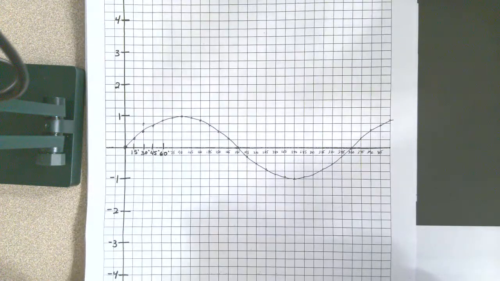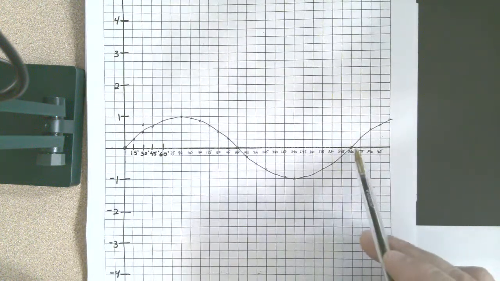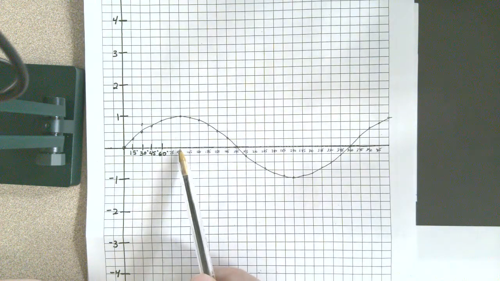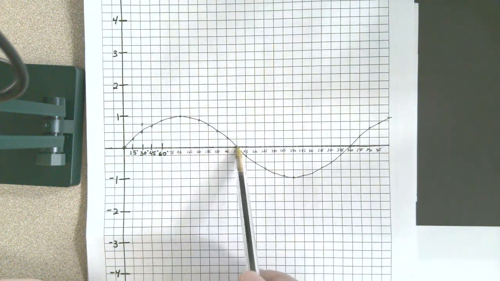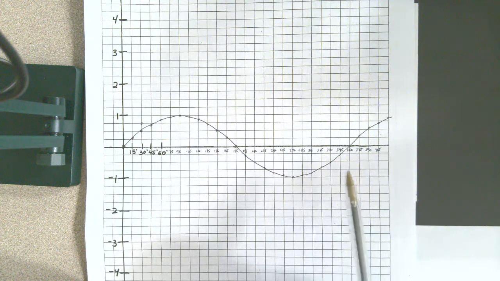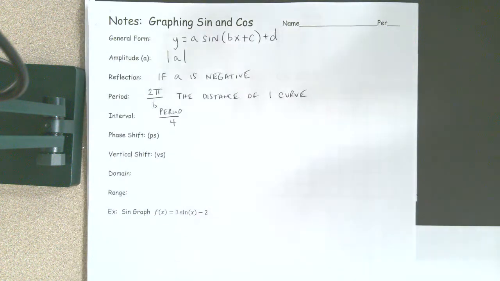Again, referring back to my sine curve, if I were to take 360 and divide it by 4, my intervals would be 90, 180, 270, 360. In terms of pi, if I were to take 2 pi and divide it by 4, that would be pi halves, pi, 3 pi halves, and 2 pi.